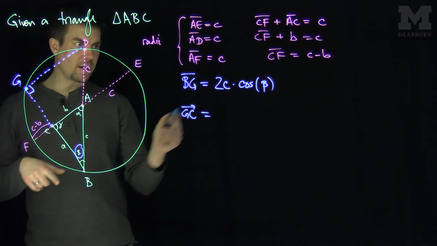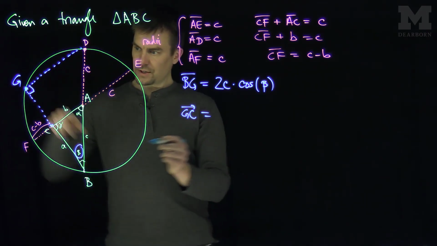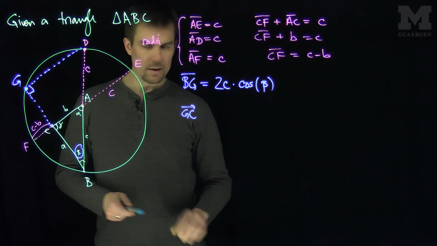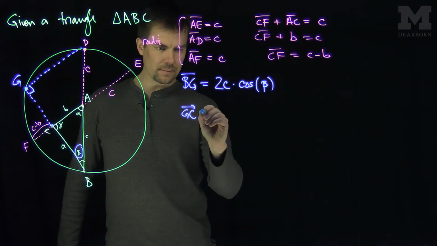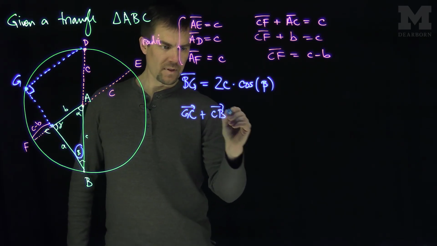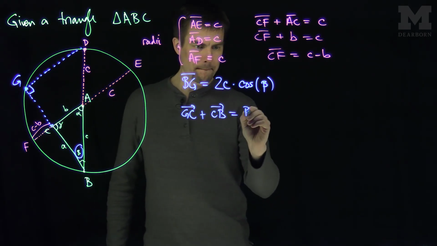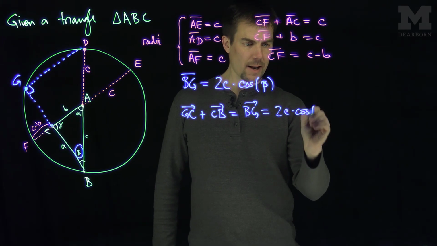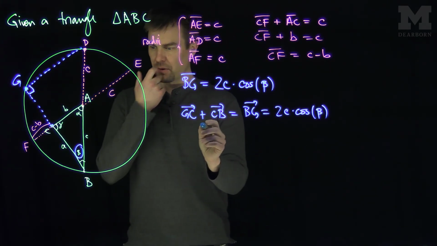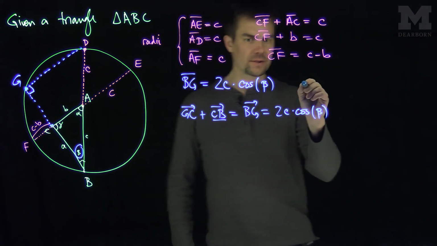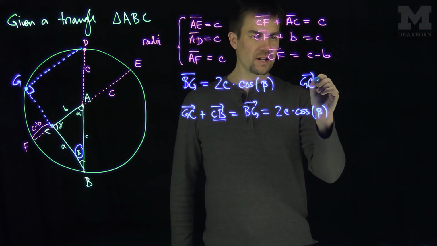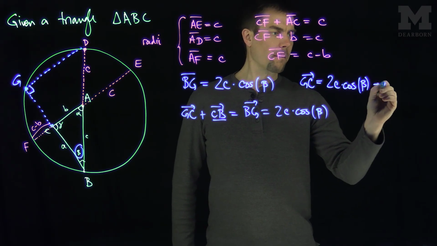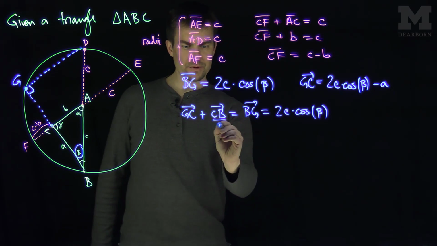So GC plus BC, or CB, is going to be equal to BG, and that's equal to 2c cosine of beta. But we know what CB is. CB is equal to a, so that tells us that GC is equal to 2c cosine beta minus a, because this over here is equal to a.